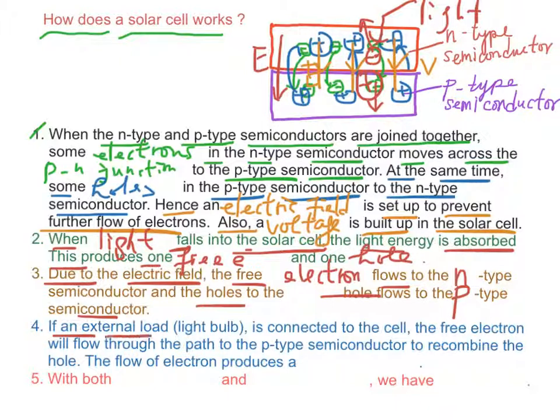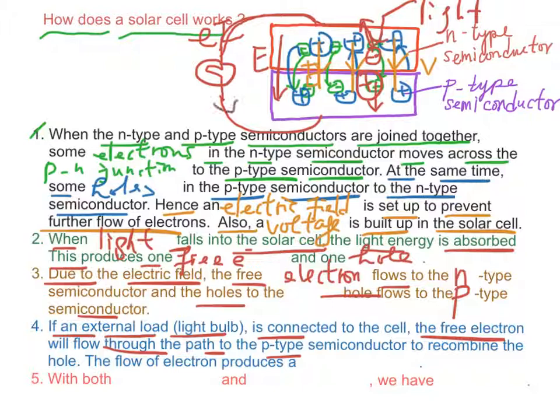If an external load, for example, a light bulb, is connected to the cell, the free electrons in the solar cell will flow through the path to the P-type semiconductor to recombine with the hole. The flow of electrons will produce a current.